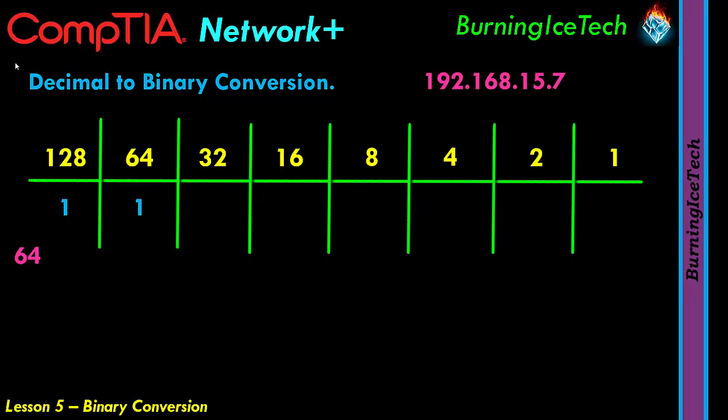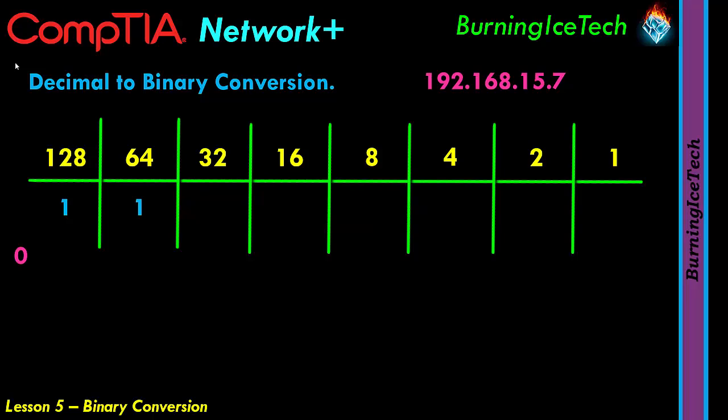But every time you get a 1, you take that number on the table, which in this case is 64, and you subtract it from the number at the bottom, which is also 64 in this case, and well, what's left? 0. As soon as you hit 0 there on the bottom left, then you know automatically everything else on this table is going to be a 0, because every number, even the last one on the table being number 1, is going to be bigger. Every time the number is bigger, you make a 0.